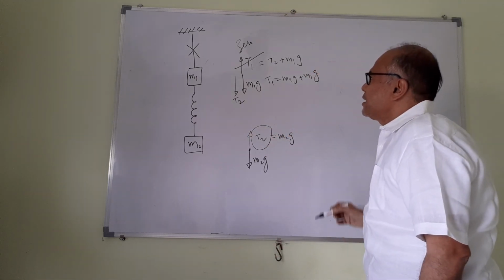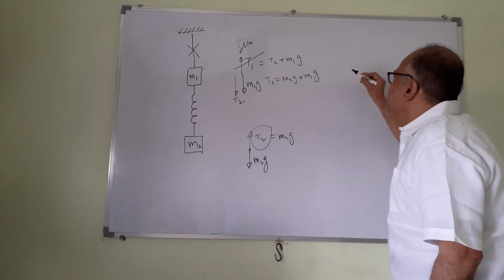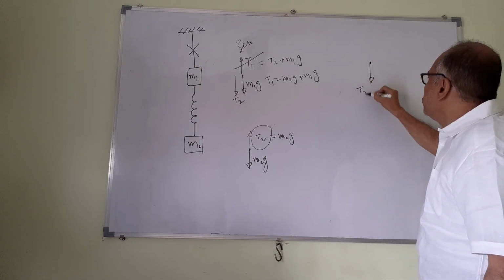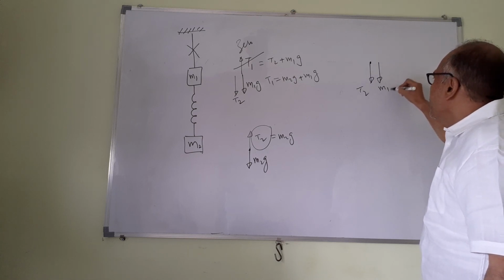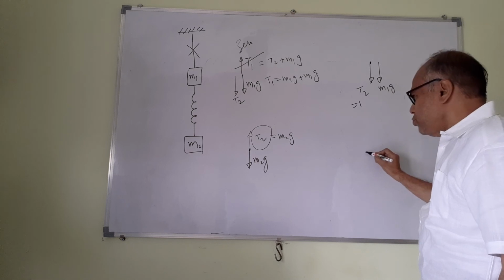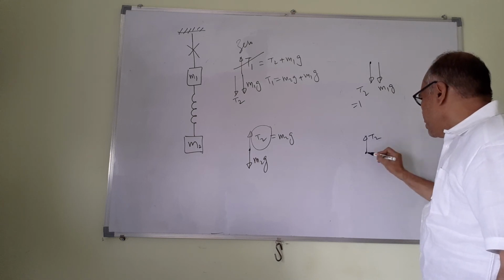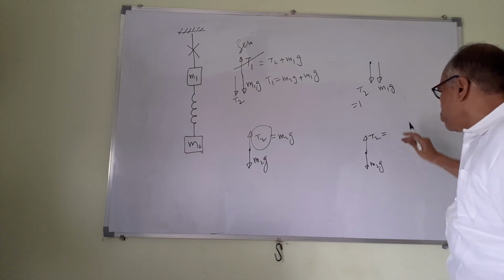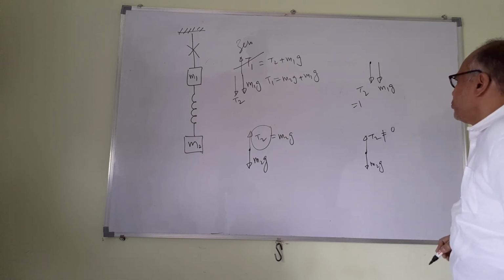So what will be the acceleration? If you see the acceleration, now you draw the free body diagram, T1 has vanished, you have T2 and m1g, and here you have T2 and m2g. T2 is non-zero. T2 is not equal to 0.